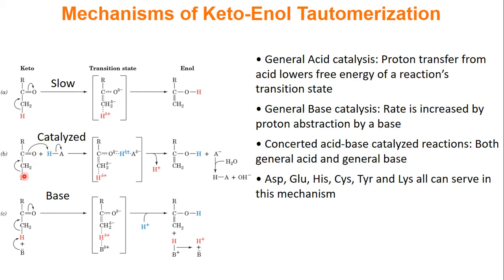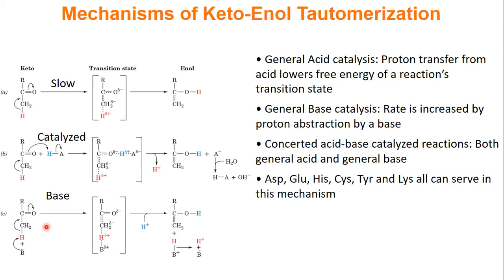Then we have the proton from the methyl group leaving. Then we can get our enol. And after every reaction, we always have to regenerate our catalyst. So here we have our catalyst that's in the base form, getting a hydrogen from water to reform our acid catalyst. So that's general acid catalyst, where you donate a hydrogen.